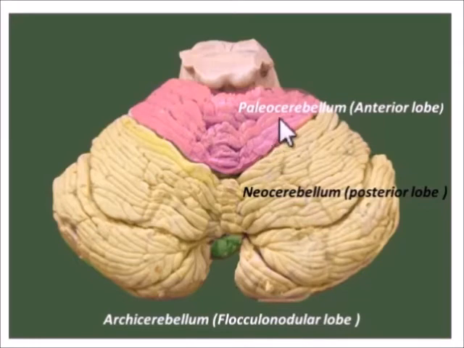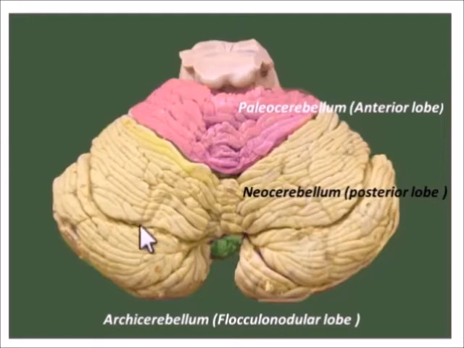The first one is the anterior lobe or paleocerebellum, which is separated from the posterior lobe or neocerebellum by the primary fissure. So this is the primary fissure, and the posterior lobe has another fissure that runs across it, called the horizontal fissure.